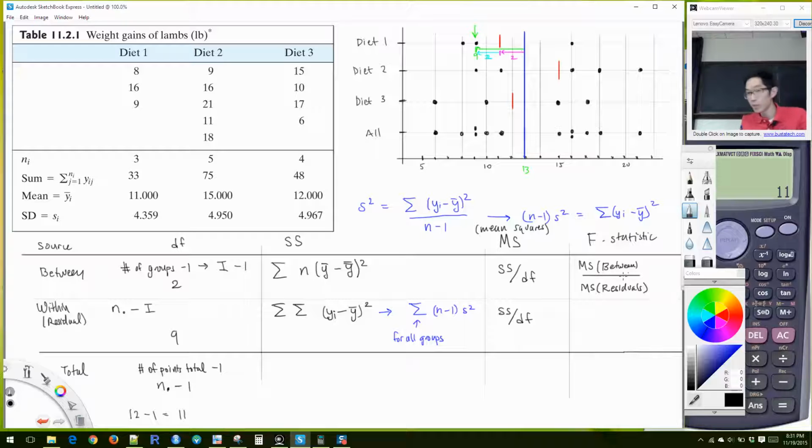Okay. And so the ratio between the mean squares here is what decides whether or not the source of variation is significant. So we can think of this residual as kind of the background variation. This is just background noise that exists.